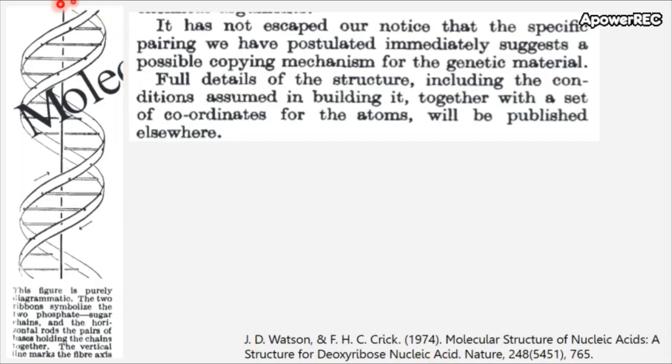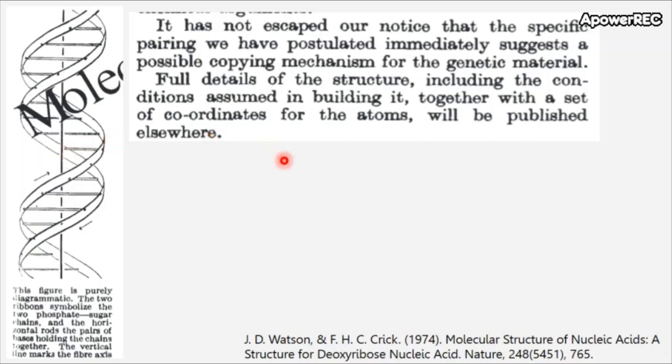And here is their own original figure, their cartoon depiction of how this DNA molecule should have looked. And as you can see, they even have this anti-parallel complementary nature drawn in the backbones, where they knew that one strand had to go from 5' to 3', and the other strand had to go in the opposite direction, 3' to 5', in order for those nitrogenous bases to hydrogen bond to one another.